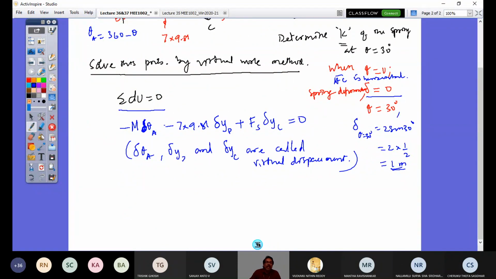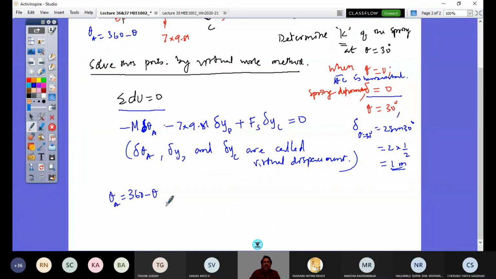So its angular position is given by theta A, which is 360 minus theta. This is the angular position.